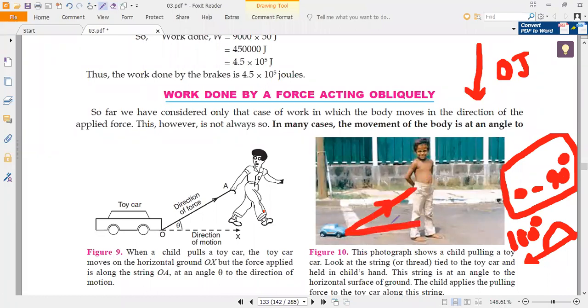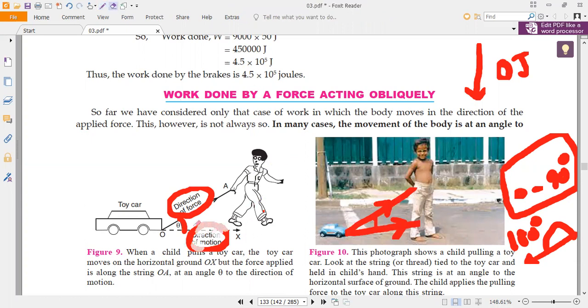All of you remember, this is the surface and this is the angle between the applied force and the surface. So based upon the angle, you can see here the direction of force and this is the direction of motion. This is the angle we will talk about. Depending on this angle, the amount of work done will vary. That is what you have to remember.